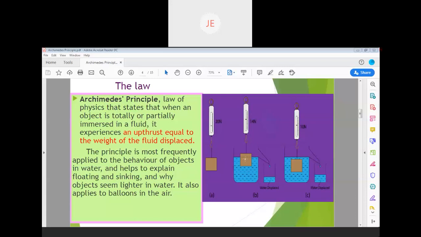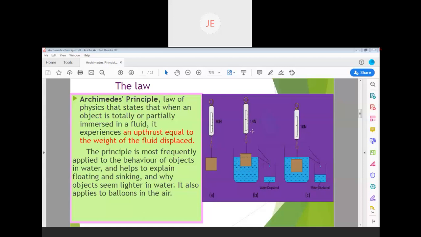Whenever you immerse any body into it, some of the water overflows, and it can be collected in another beaker. If you observe the weight of the same body in the liquid, it is coming around 14 Newton.